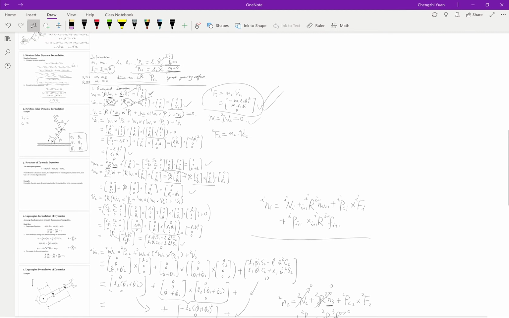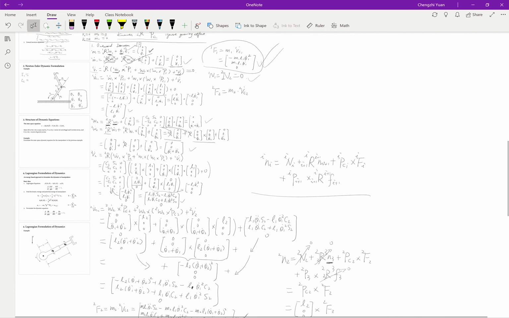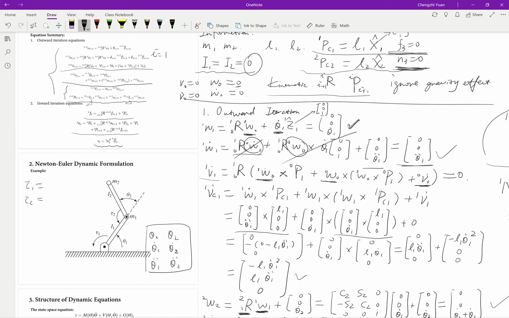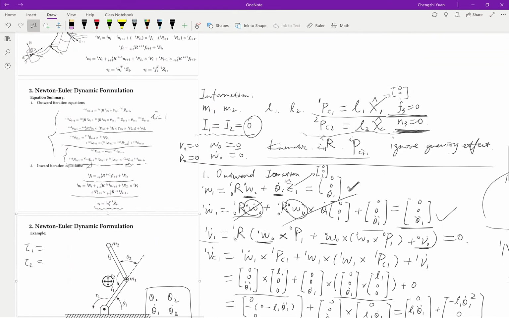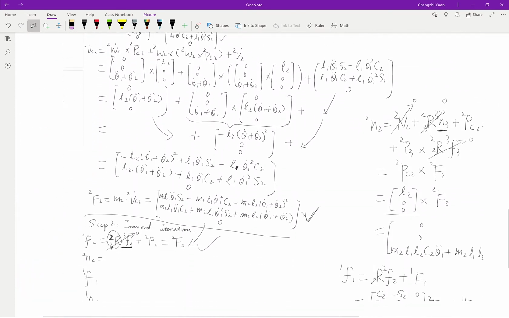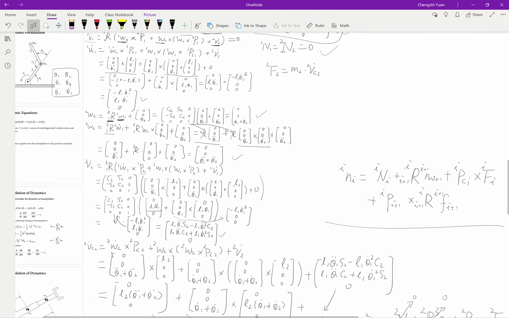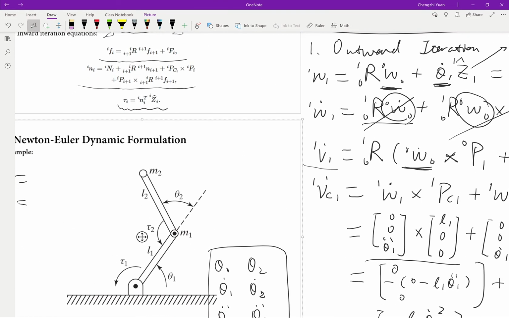As you can see, the whole procedure so far involves a lot of calculations and iterations, including the outward iteration, where you need to apply the first set of equations twice for this two-link manipulator to obtain all the acceleration information for the centers of mass. After that, you also need to go through the inward iterations to apply the second set of equations, also twice.